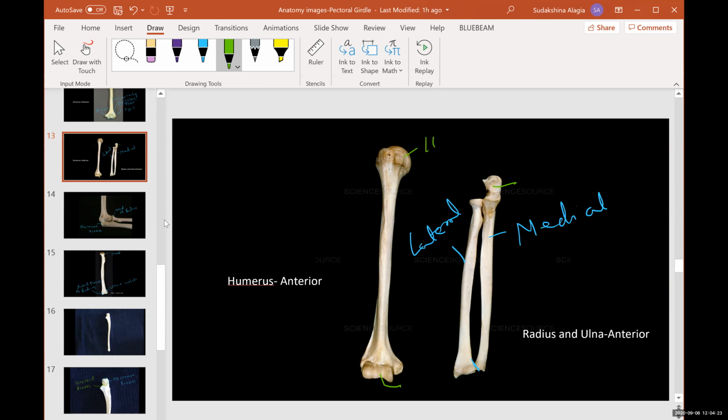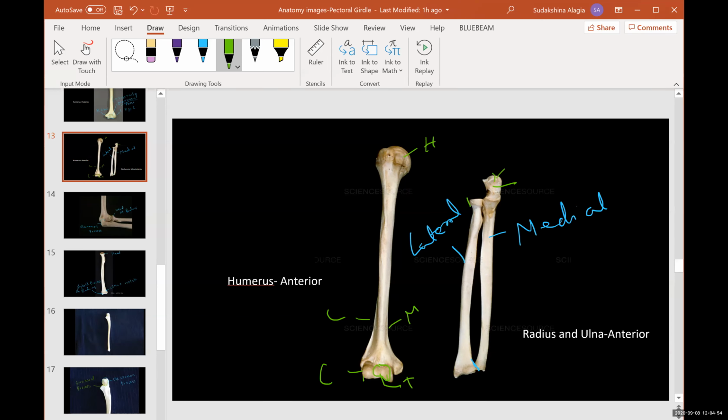Remember the head of the humerus, capitulum, trochlea, medial, lateral. This olecranon fits into the trochlea. If we transfer both of them here, the head of the radius will go against the capitulum, the olecranon will articulate with the trochlea.